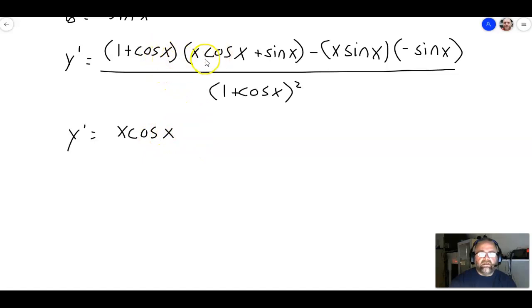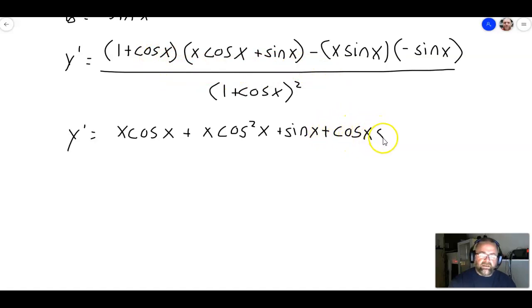Then the inner terms, x cosine of x times x cosine of x, will be plus x cosine squared of x. Then the outer terms, 1 times sine of x, which is just sine of x. And then the last terms, cosine x times sine of x, is just cosine x sine of x.